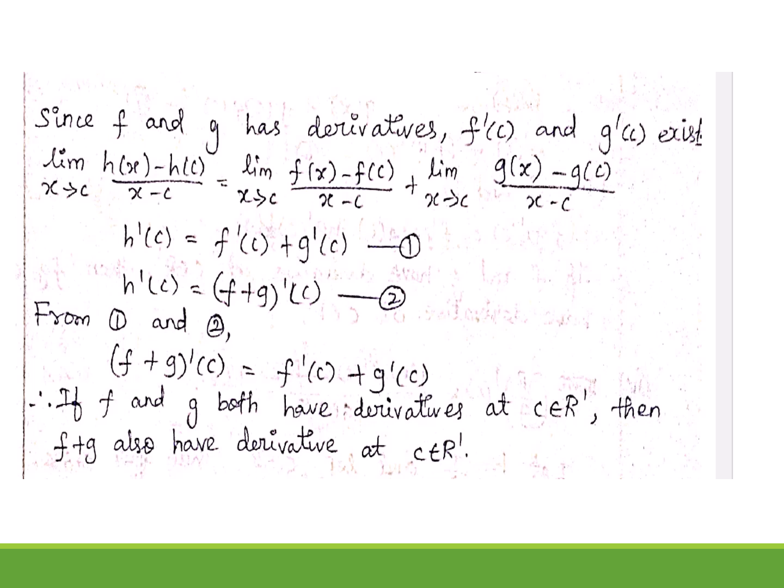So h'(c) equals f'(c), and limit as x tends to c of [g(x) minus g(c)] divided by [x minus c] equals g'(c), which is equation 1. h'(c) equals (f plus g)'(c), which is equation 2.